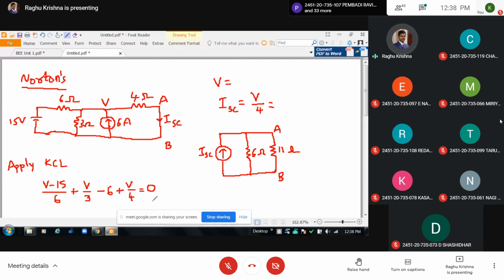Even in fractions it is okay. Yeah, find the value of V. Anyone? Yes, 14 by 3, sir. Others also got the same one. Anyone got 14 by 3?